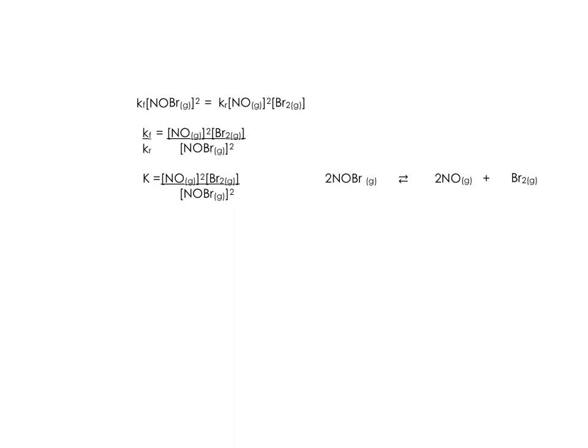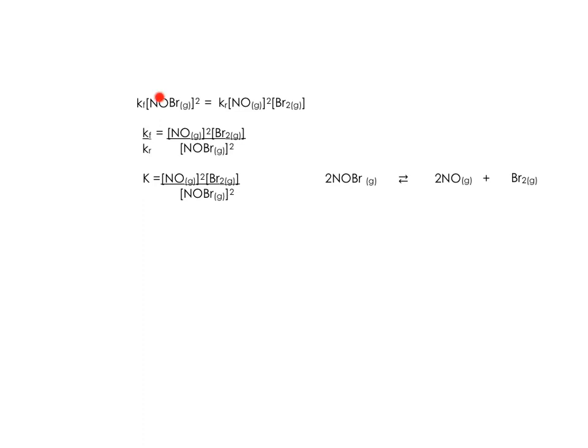Now, a constant divided by a constant is a constant. So if we move our K's to one side, so let's say the left, we will bring this Kr to this side. That means we want to get all of our concentration terms to the same side. So we're going to move this to the other side.